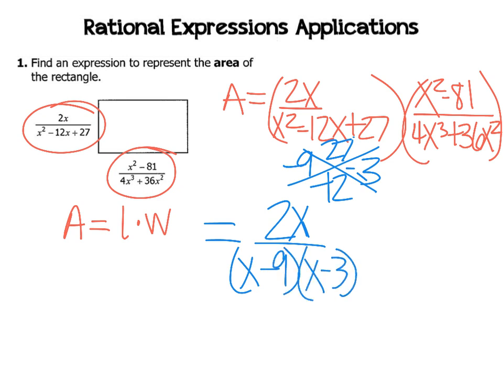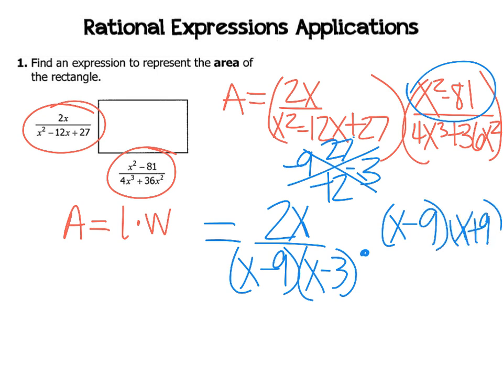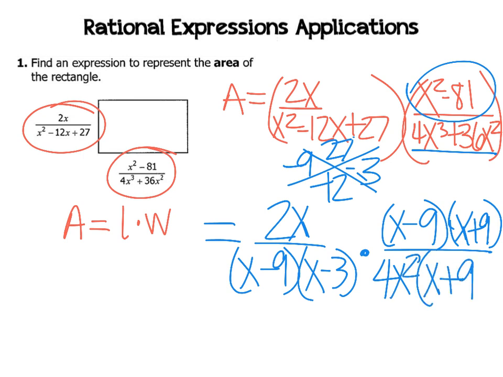Then it's all of this times, up here we've got difference of squares, so we've got x minus 9, x plus 9. Then on the bottom, factor out a 4x squared. 4x squared times x plus 9.